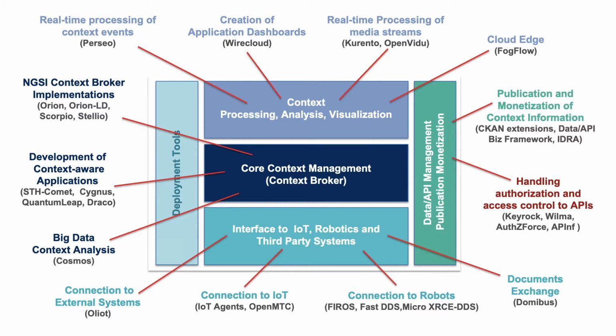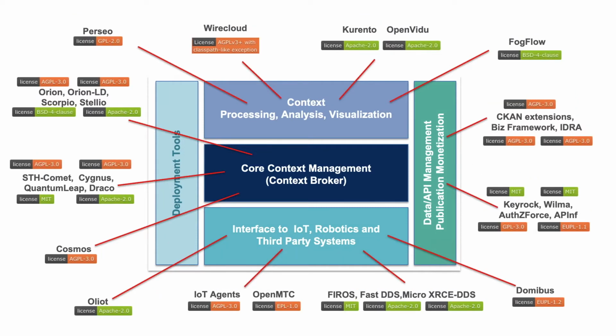FIWARE itself will accept into the catalog any system that uses a recognized open source license, but it does not define which license you may use. So we have here approximately, I think, six or seven different licenses, or variations of licenses. A lot of these are AGPL 3.0, which we'll go into more detail.